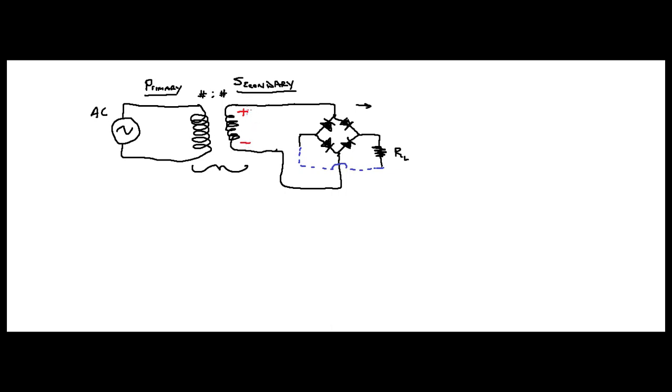So this one's going to have a positive by it, and the bottom one's going to have a negative by it, like I've drawn, all right? So think about it like a DC source, just at this instant in time. We're talking about conventional current flow now. Your voltage is going to go this way.